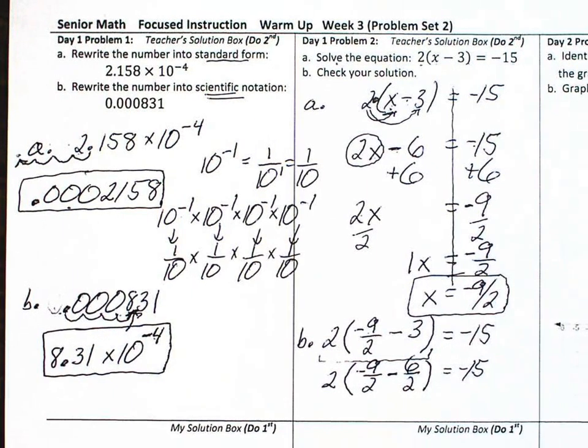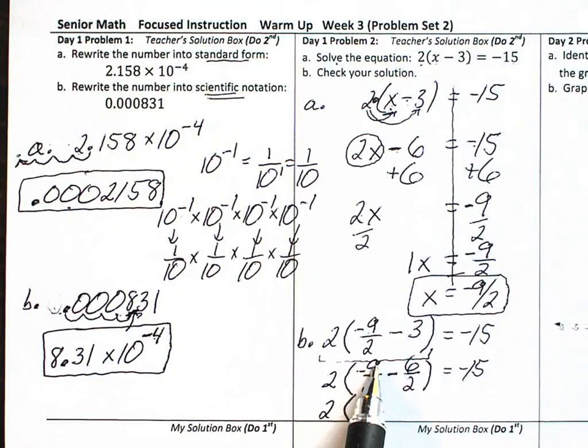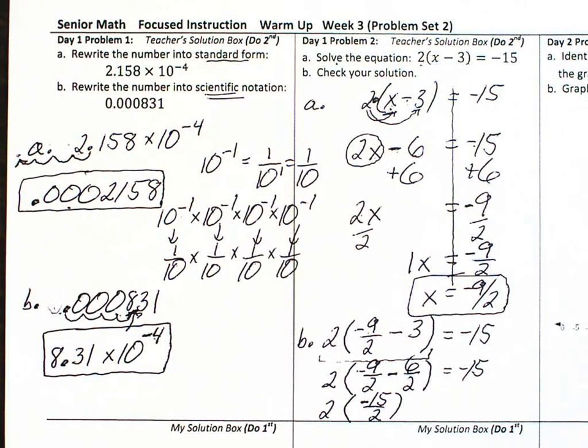Now still inside the parentheses, negative 9 halves, subtract 6 halves. Negative 9 subtract 6, that's negative 15 halves. Now what is 2 times negative 15 halves?